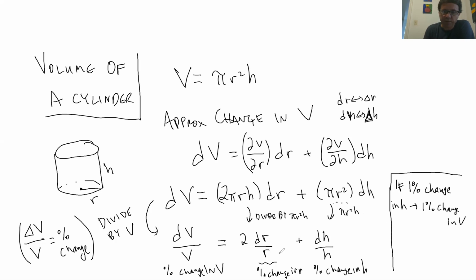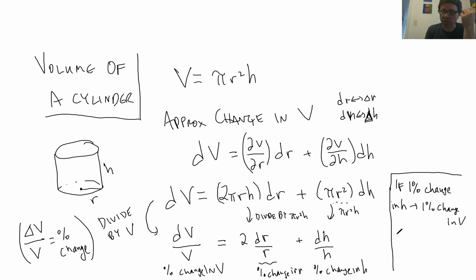So if there's no percent change in r, then this will be 0. If there's a 1% change in h, this last fraction will be 1, and that'll cause dv over v to be 1. So change h by 1%, the volume changes by 1%. Maybe that's not too surprising, because they're both 1 power, that's a linear term, but that's the deal.